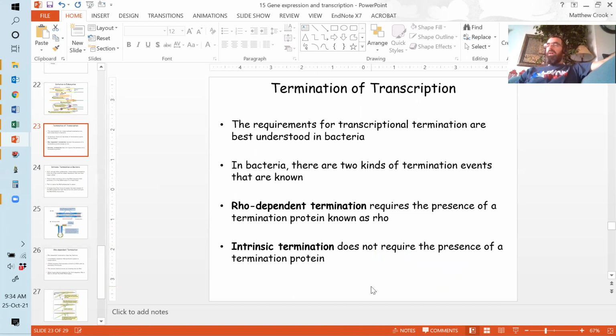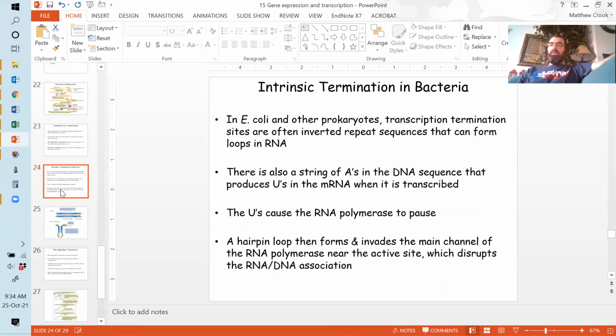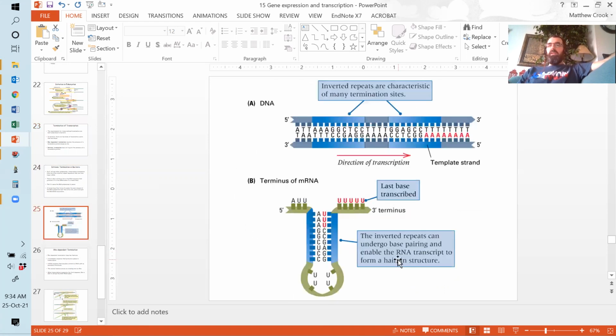And remember how I was waxing lyrical about RNA and all the many shapes it can form, how complex it can be? That is part of how this works, right? And one thing I really want to bang my drum about is this formation of what are called secondary structures in RNA. What you see here is what's called a hairpin loop.